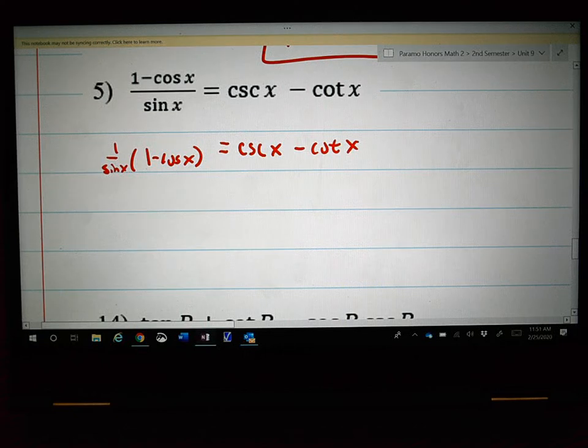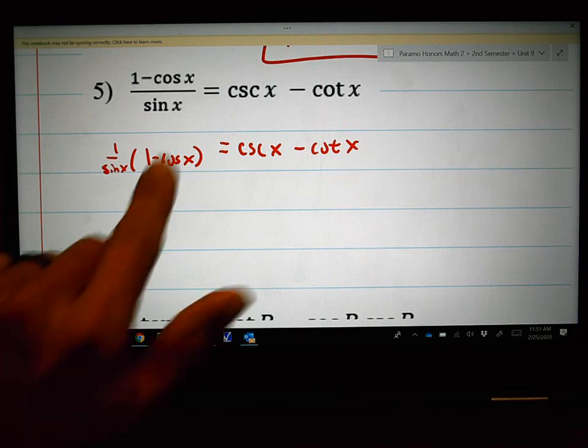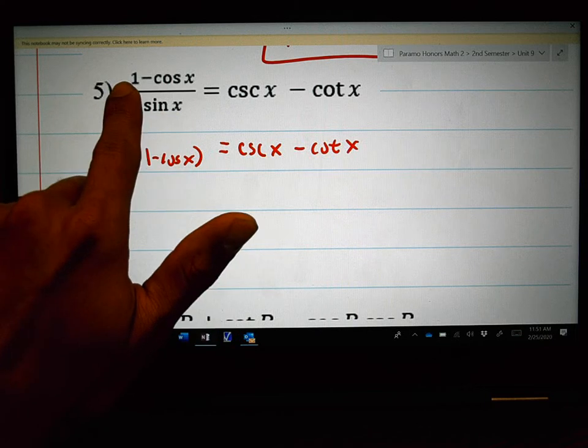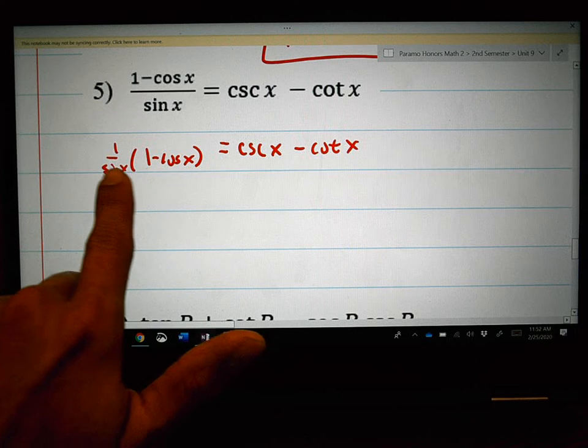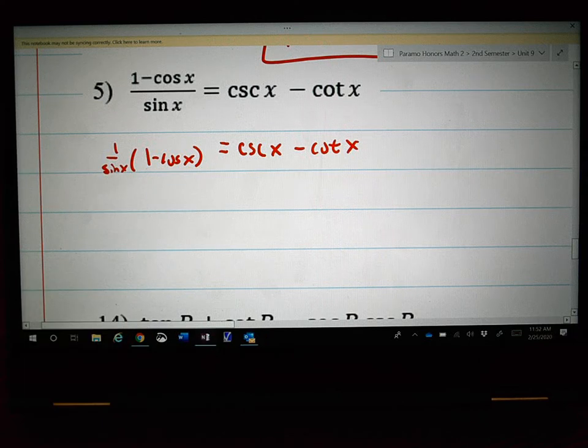And I haven't done anything to both sides. I can't move anything. All I'm doing is, instead of dividing by sine of x, this is in parentheses, and it's really times 1 over sine of x, right? I'm just trying to simplify a little bit.